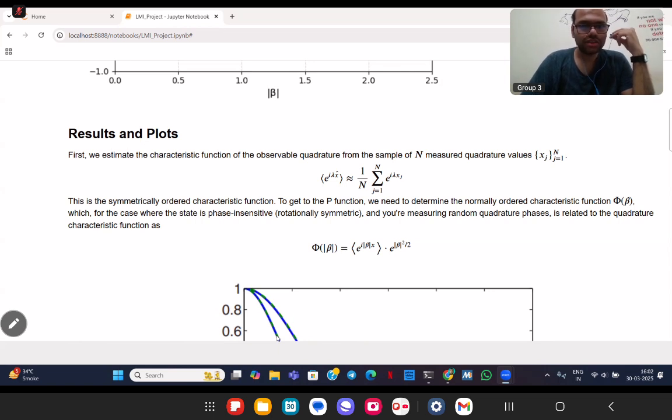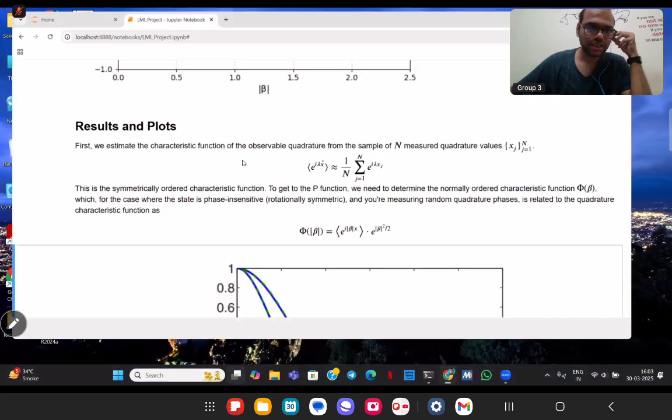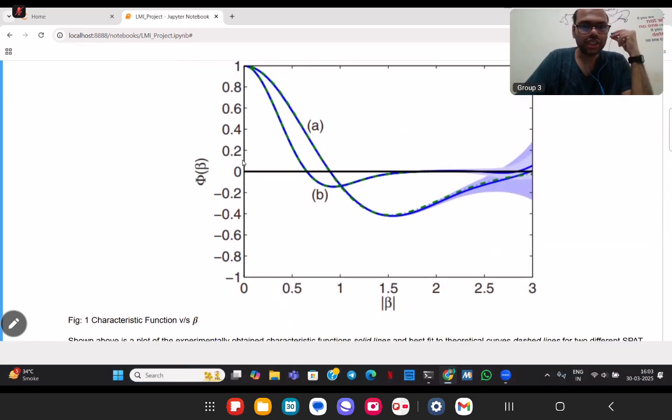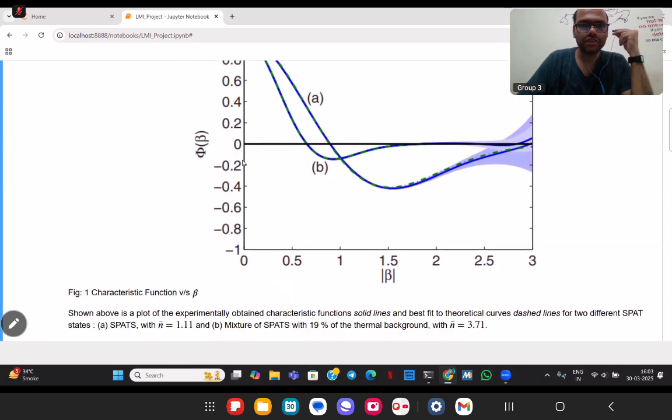Now, the plot that is shown. In the plot, you can see the characteristic function that is calculated and that we get from the experiment. Here there are two curves, A and B. A corresponds to a spat with n bar equals 1.1, and B to a mixture with 19% thermal background and the rest spat with n bar equals 3.71.